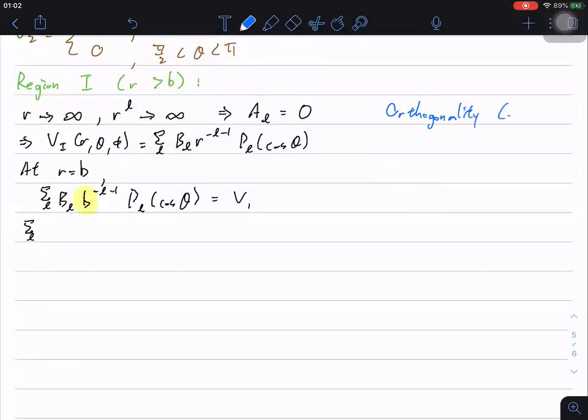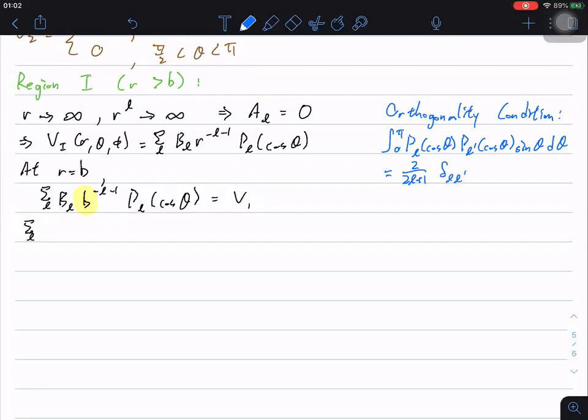Orthogonality condition. So if you multiply the Legendre polynomials PL and PL prime with sine theta and integrate from 0 to pi, you obtain 2 over 2L plus 1 multiplied by the delta function, delta L L prime.